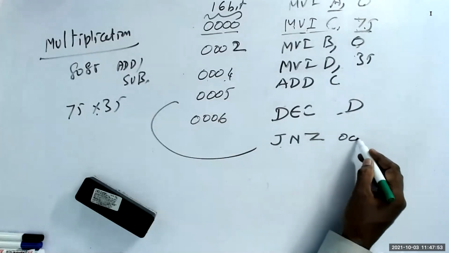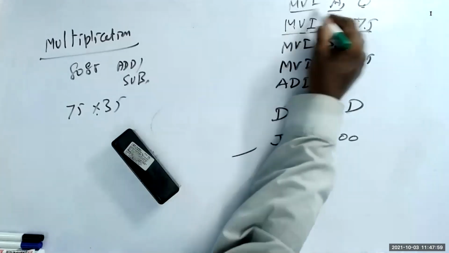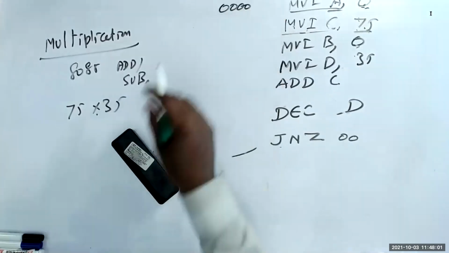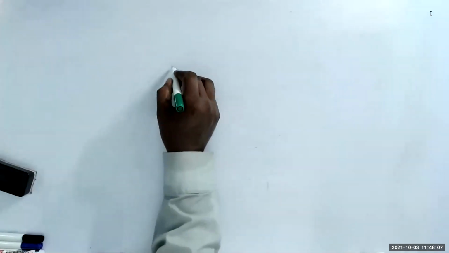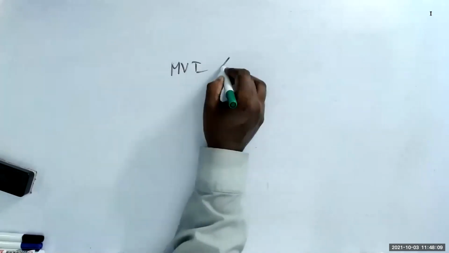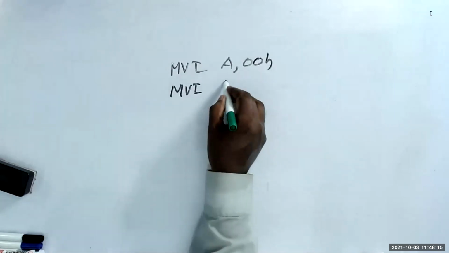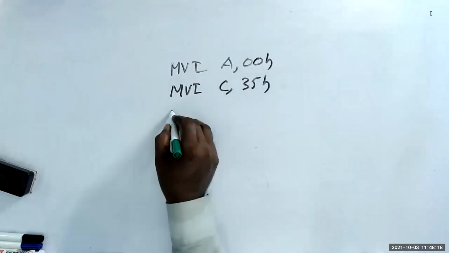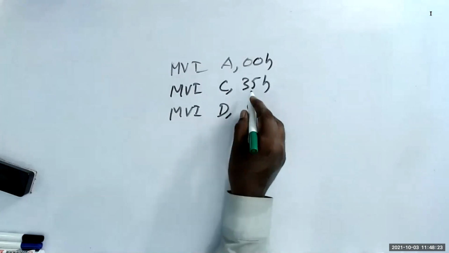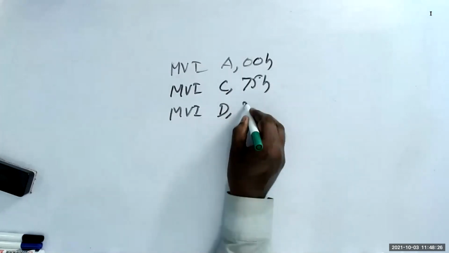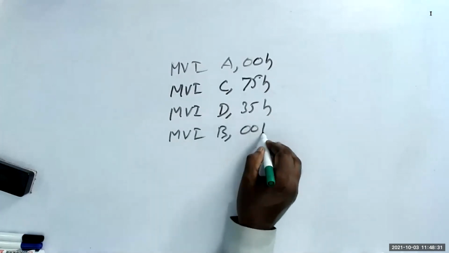005, for example. This is 0 means, let me write the exact code. Move immediate A, comma, 0, 0, 0, 0, 0. Oh, it's top. Let me write it now very clear. Move... okay.